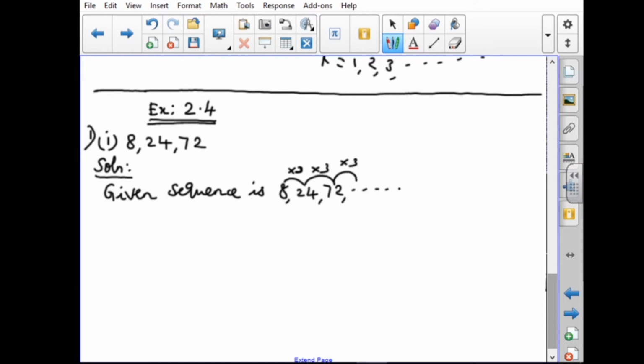So the given sequence is multiplied by 3 for every number. We have to write the reason also here. Each number is multiplied by 3.